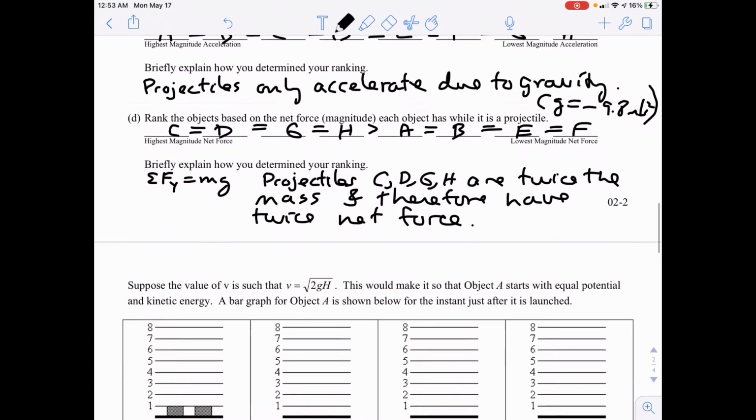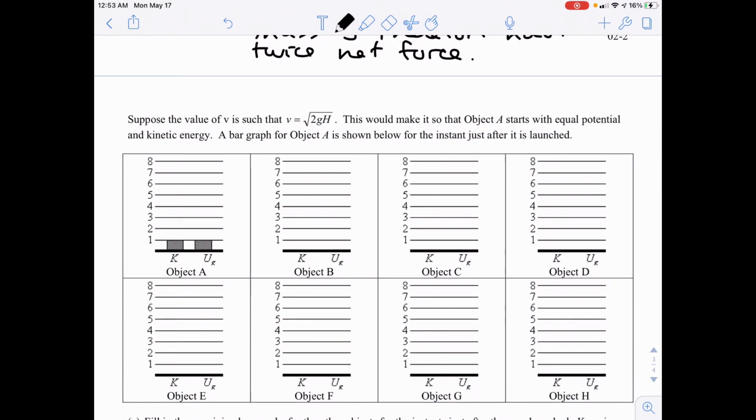Okay, suppose the value of V is such that V is equal to the square root of 2gh. This would make it so object A starts with equal potential and kinetic energies. A bar graph for object A is shown below for the instant just after it is launched.